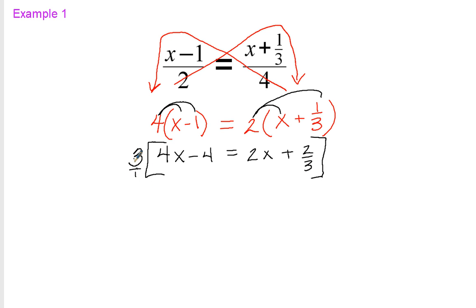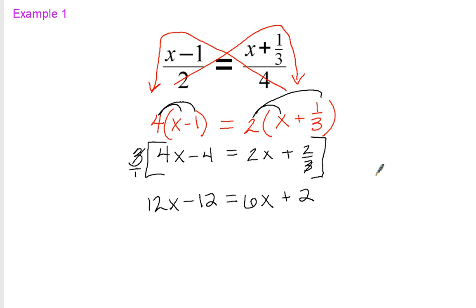And then we could just distribute that one. So 3 times 4x is 12x. And 3 times negative 4 is negative 12. And 3 times 2x is 6x. And 3 times 2/3, our 3's end up canceling, just leaves us 2.